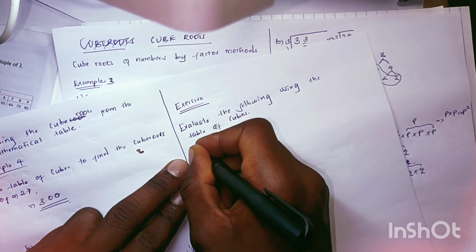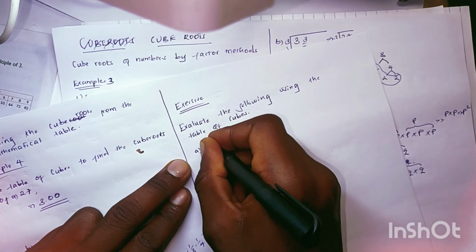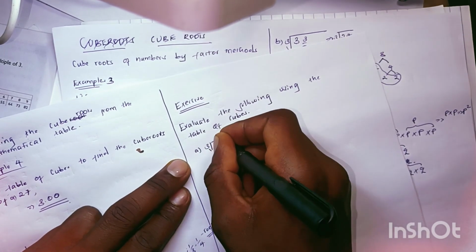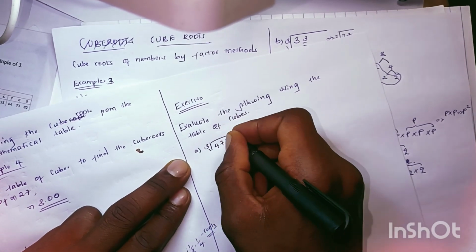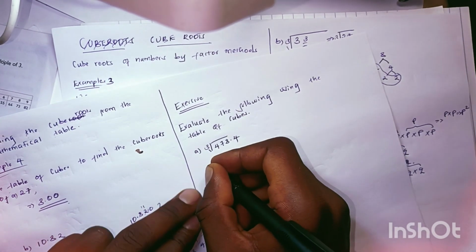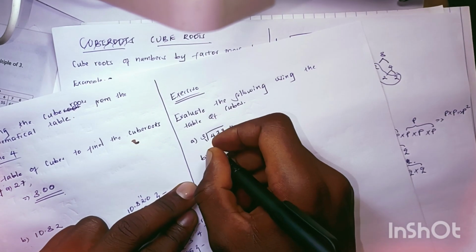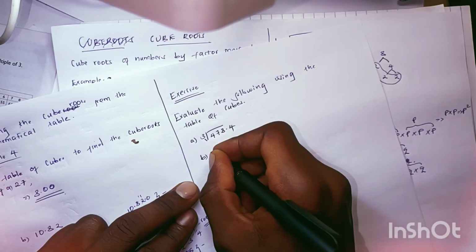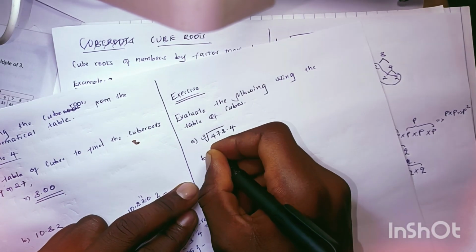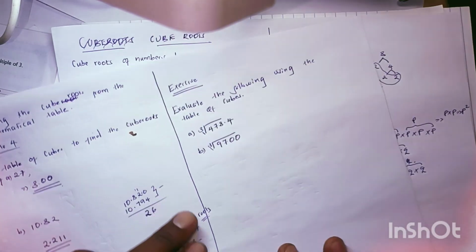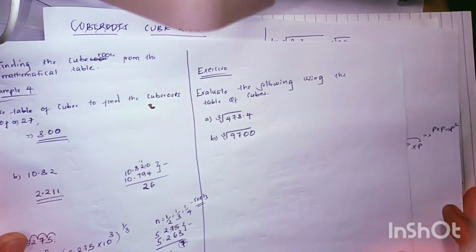Let me write for you. The first one here is the cube root of 478.4. Then B, the cube root of 9700. So guys, those are the assignment.